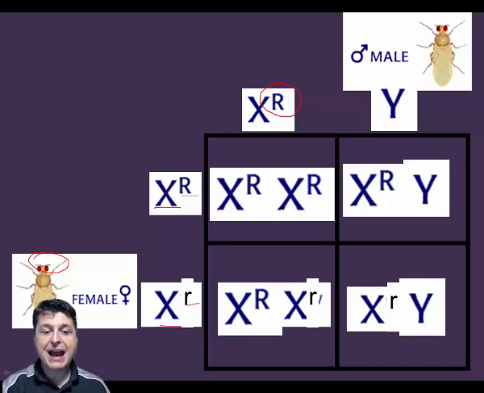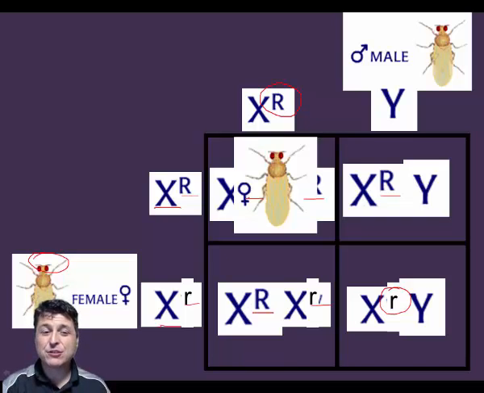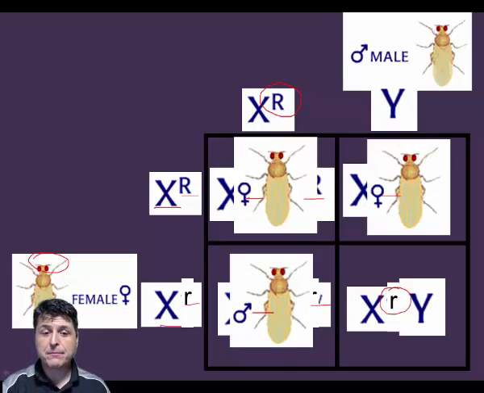You could have a pure red-eyed female who only has red-eye genes. We can have a red-eyed male, a red-eyed female, but then you could have the white-eyed male. Because the males only receive a single copy of that allele, there's nothing to mask the white-eye trait. So the white-eye trait is what shows up.